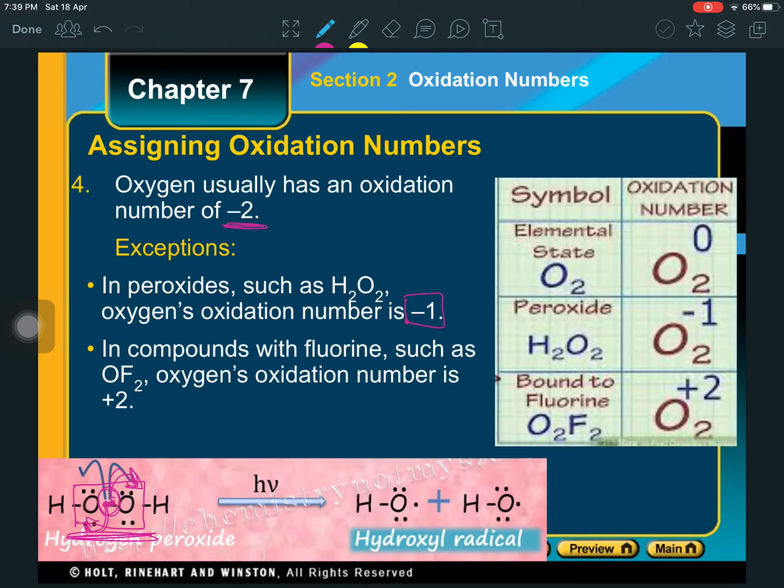When the time actually comes for it to react, one electron goes to each oxygen in the compound, right? So anytime you see a name that includes the word peroxide in it, you don't go with -2, you need to go with -1 for each oxygen instead, okay?